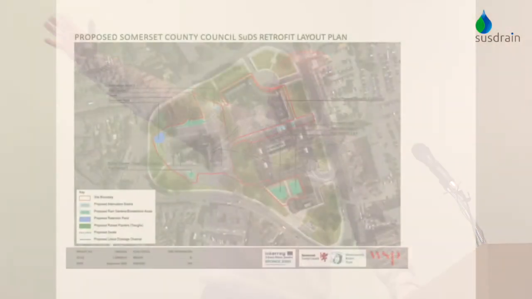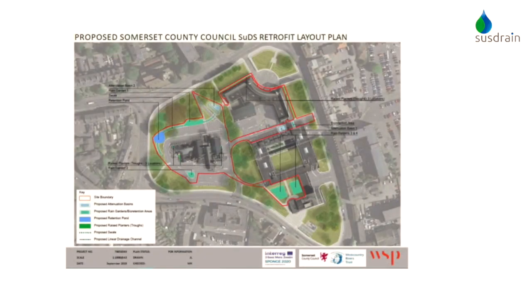So it was probably easier for us to do things than the council. But they were fully engaged with us. They've done a lot on the policy and how they engage with people that are doing SuDS in Somerset. And they're planning on putting a whole load of features in County Hall, so hopefully in a few months they'll have done that as well.